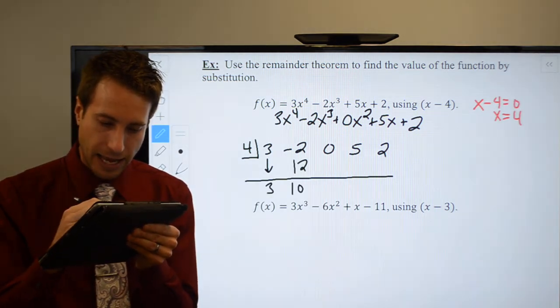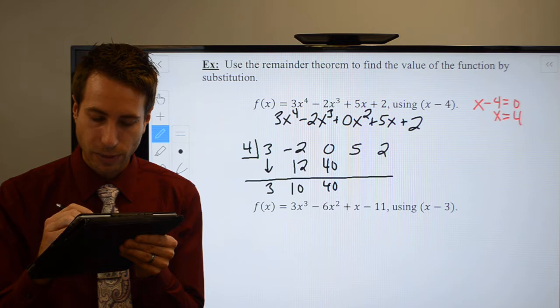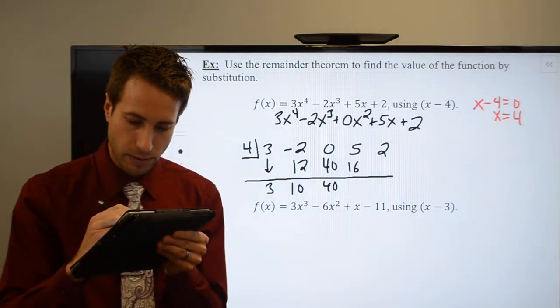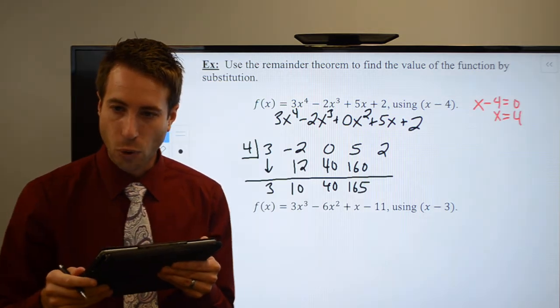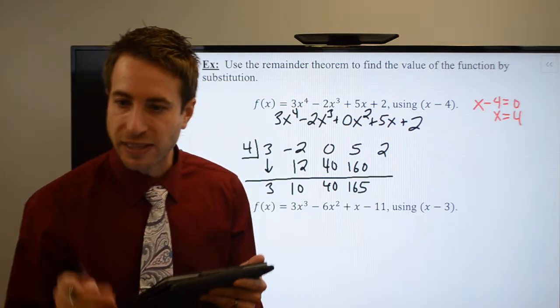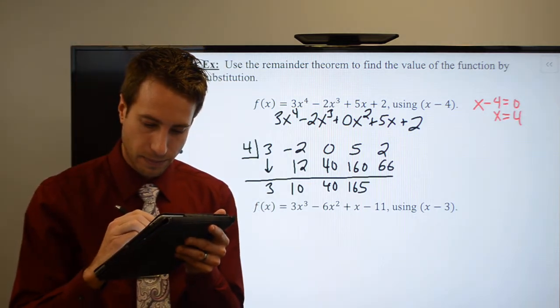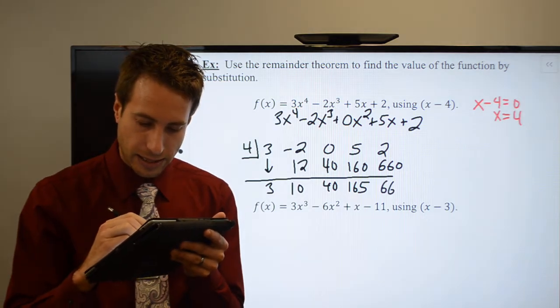That's going to be a 10. 4 times 10 is 40. 4 times 40 is 160. Add them up. That's 165. 4 times 165 is 660. And I wind up adding those together, 662.